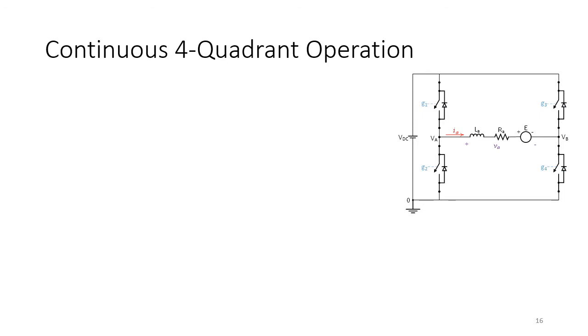So let's put the duty cycle of G1 G2 equal to D. We can write this as dA equal to D, meaning duty cycle of leg A equal to D. So here we know from what we have done for the half bridges, VA average will be equal to D VDC.